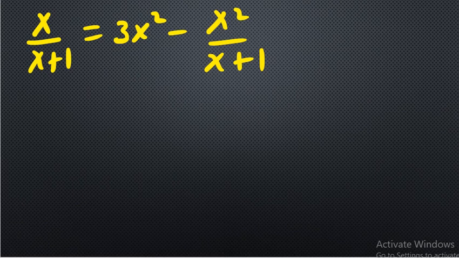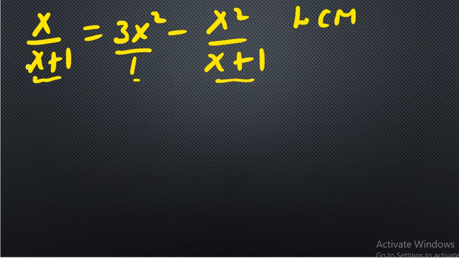Okay. Now, the next step is to find the LCM of the denominators. x plus 1 is found here, it's 1 here, and x plus 1. Nothing will be factorized in the denominator. It is just one linear expression, so we will take the LCM as x plus 1.